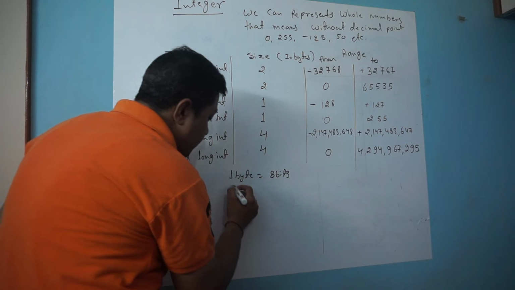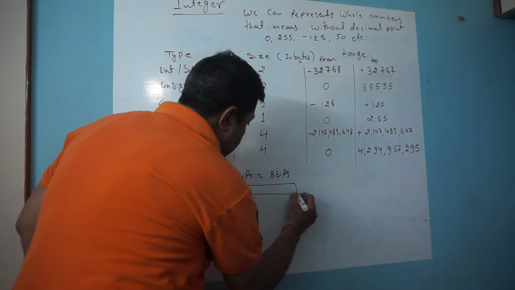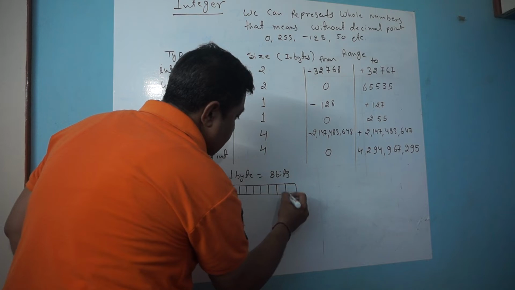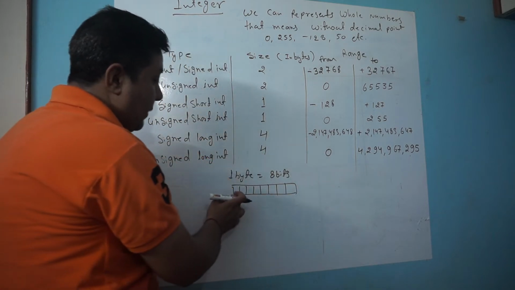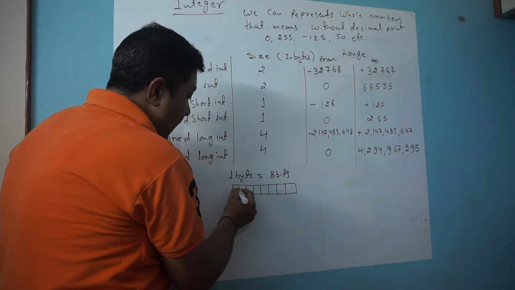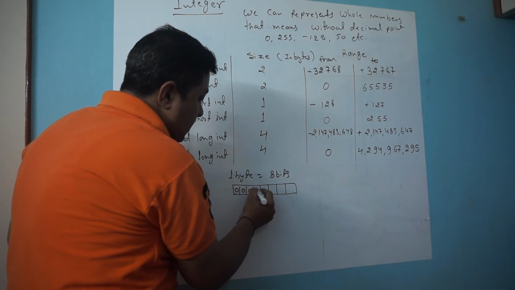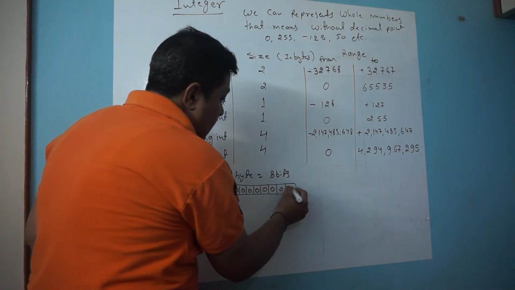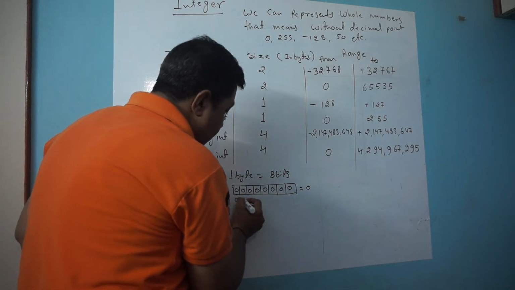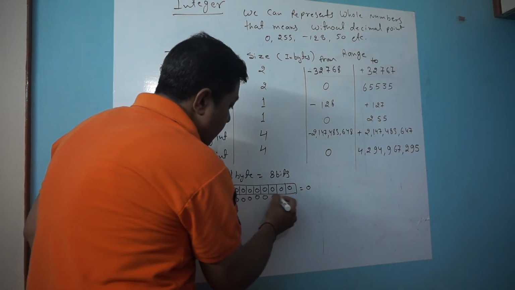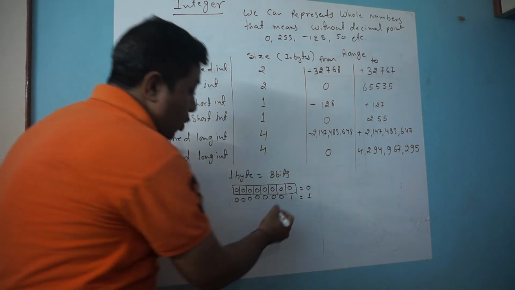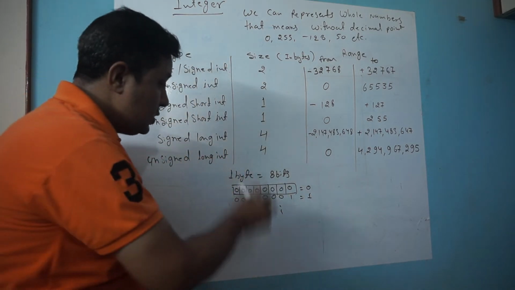We have 8 blocks: 1, 2, 3, 4, 5, 6, 7 and 8. So we can represent bits here. If I write all zeros, that is equivalent to 0. If I write a 1 at the end, that is equivalent to 1, and so on.